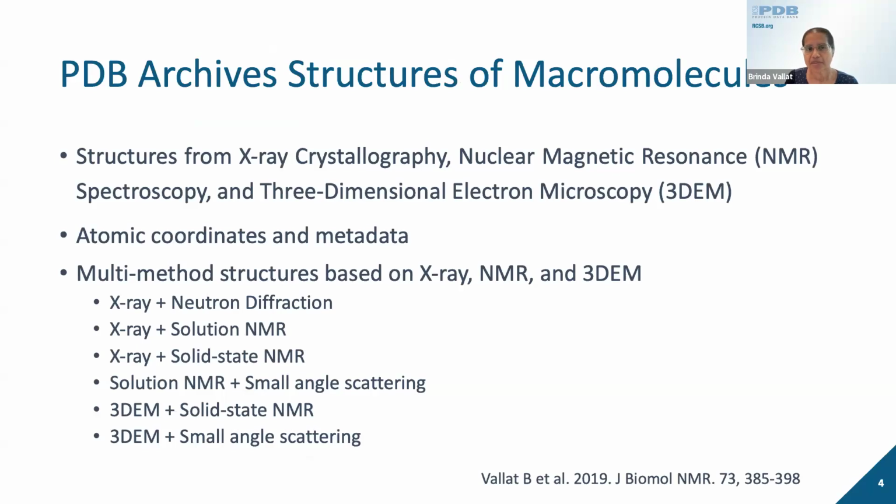The structures archived in the PDB contain the 3-dimensional atomic coordinates and associated metadata. The PDB also archives certain structures that are determined using multiple methods. These methods usually use one of the traditional structure determination methods, such as X-ray crystallography or NMR or EM, in combination with other methods such as neutron diffraction or small angle scattering.